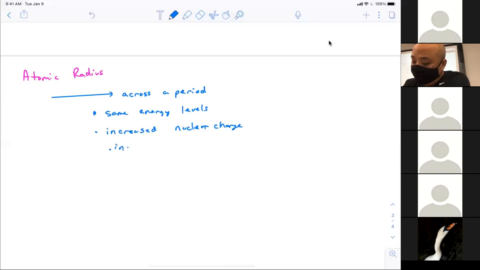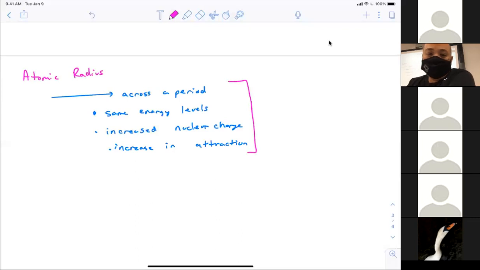So that means an increase in attraction. So those concepts all together would make you think, what would happen to the atomic radius as you go across? Based on those kind of bullet points, what would happen to atomic radius as you go across a periodic table?